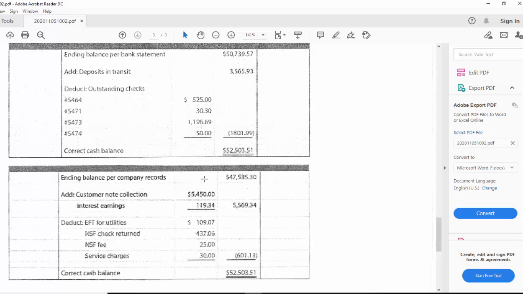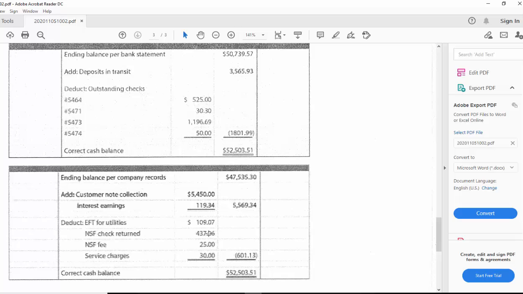Now, on the books side, in our accounting records, if we had realized that we had collected the $5,450 from one of our customers, if we had known that we had earned $119.34 in interest, we would have added that into our number. And if we had known that this 10907 was auto-drafted for utilities and that this check was bad and bounced, so somebody writes us a bad check, we assume that it's correct and enter it into our accounting records only to find out that it was a bad check, meaning that they wrote a check and they didn't have enough money, NSF, non-sufficient funds, and so we have to deduct that out.